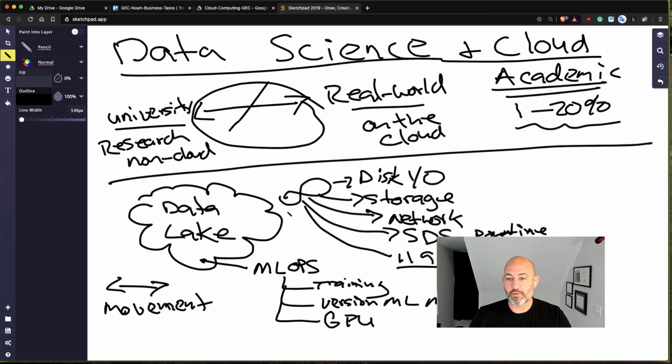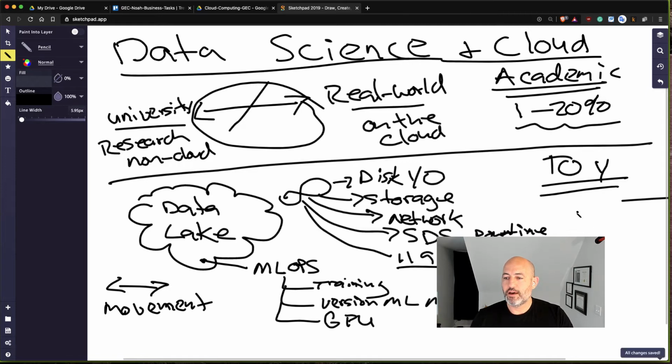Even though it's been around for a long time in the world of data science, there's a lot of what I would call toy-based data science. And toy-based data science is basically that it only works on my laptop. And how can we tell if it's toy data science? Well, that's one. Another one is the tool chain, right?